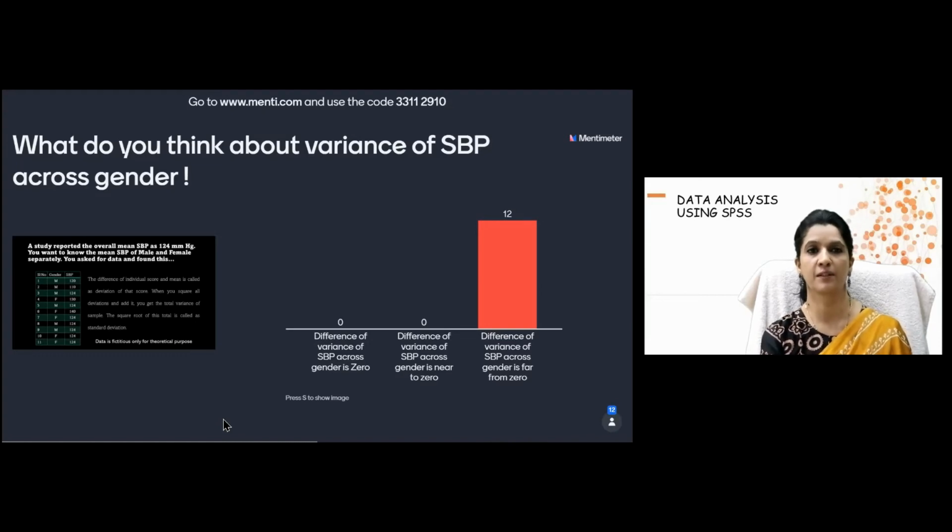Yes, you are right that the difference of variance of SBP across gender is far from 0.